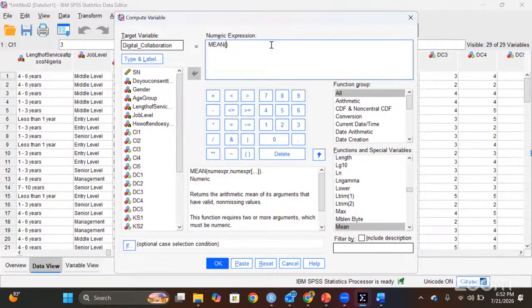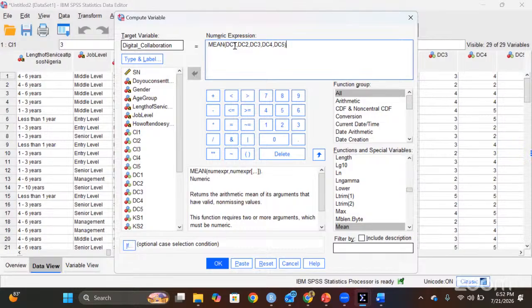So I can say DC1, comma, DC2. You have to pay attention to what you are typing, because SPSS is, we call it, case sensitive.